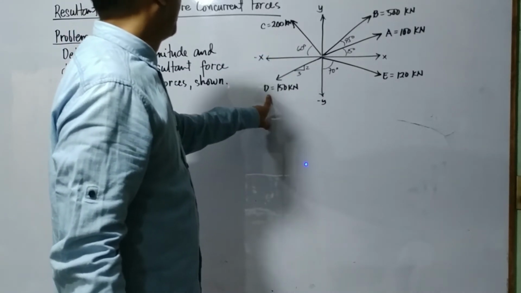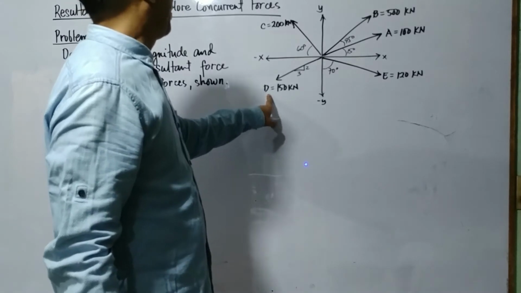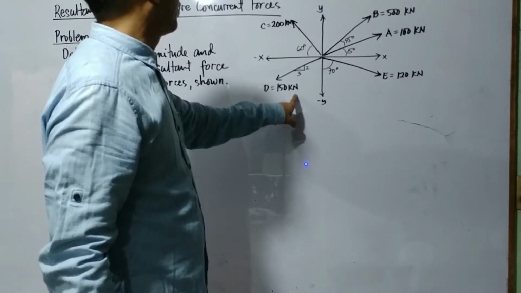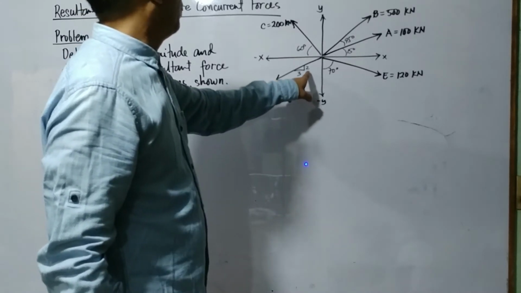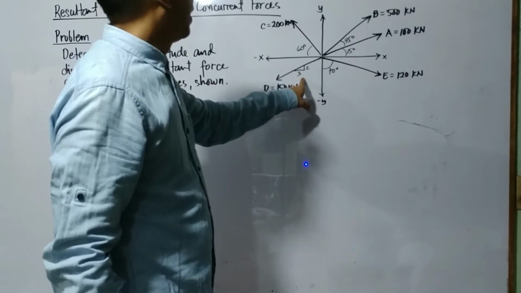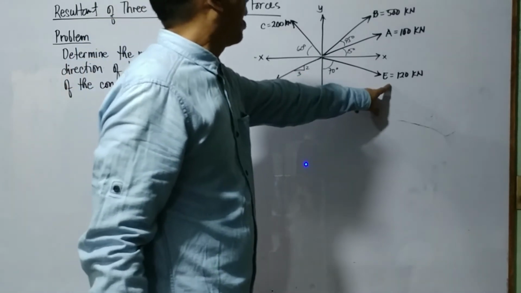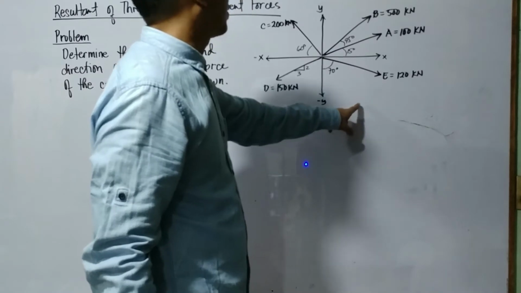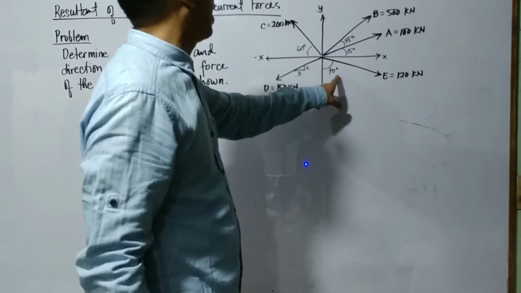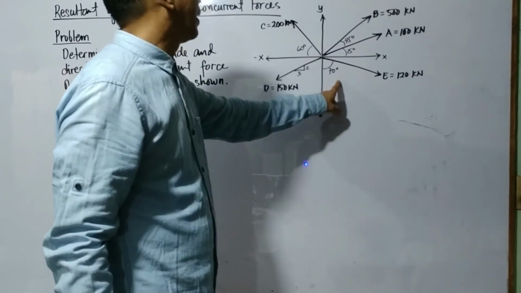And for force D, we have 150 kilonewton at a slope of 2, 3. And lastly, we have force E equals 120 kilonewton at 70 degrees.